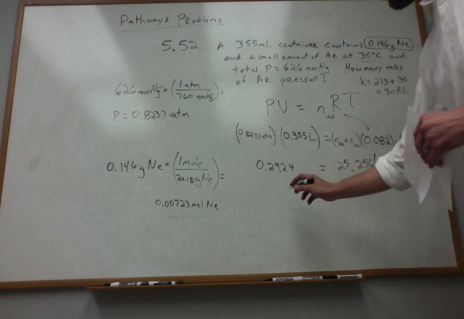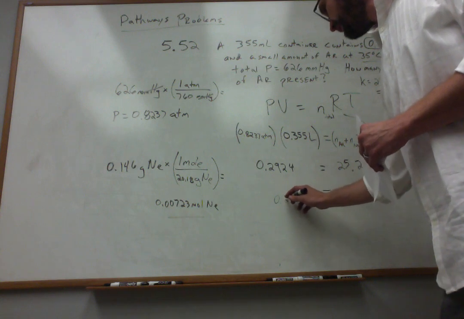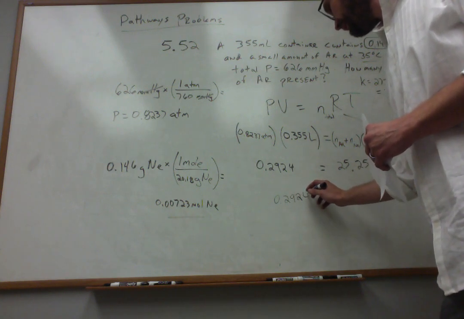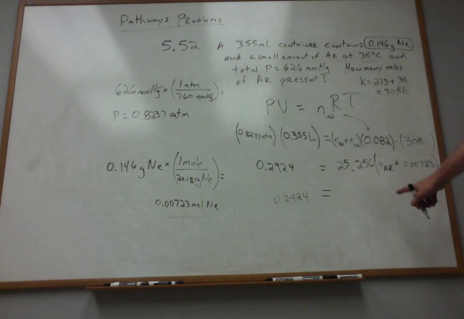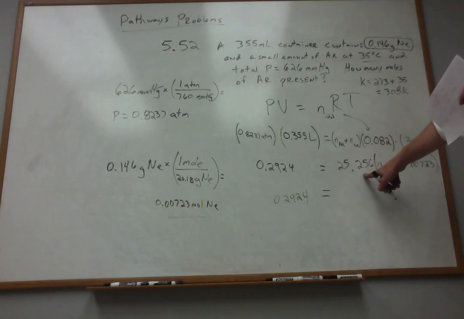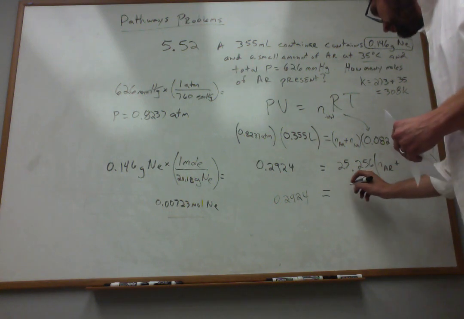Now the way I'm going to choose to do that, I'm not going to do anything with this left side right now. Just bring down that number. I'm going to distribute this 25.256 across all of our variables.